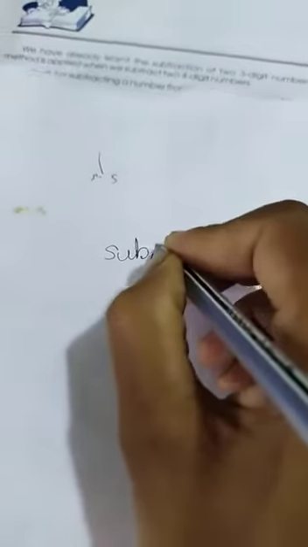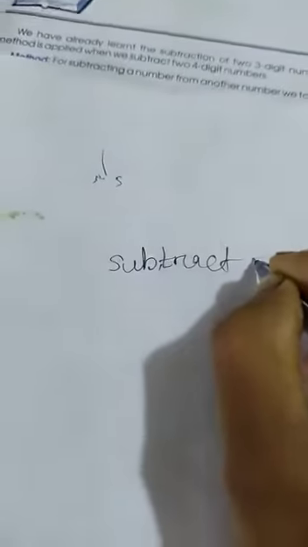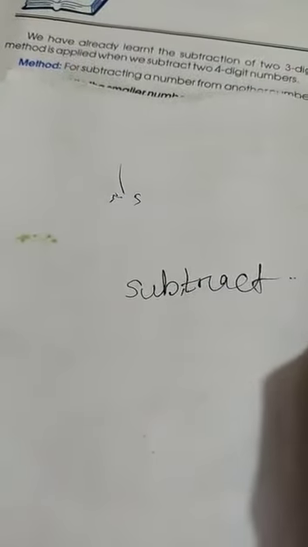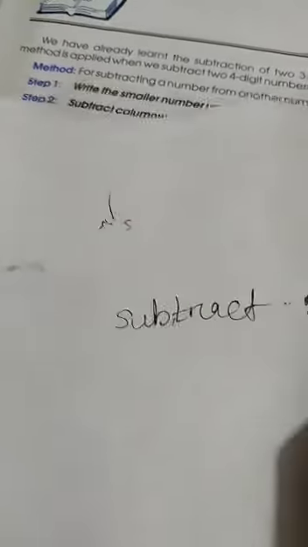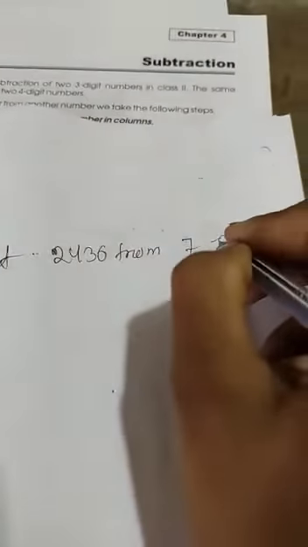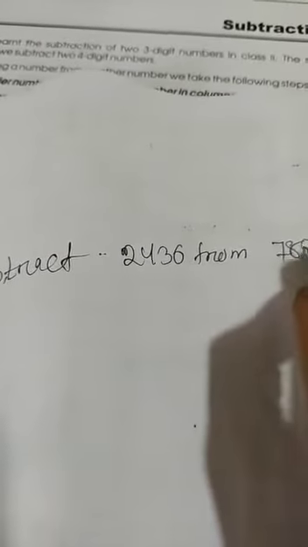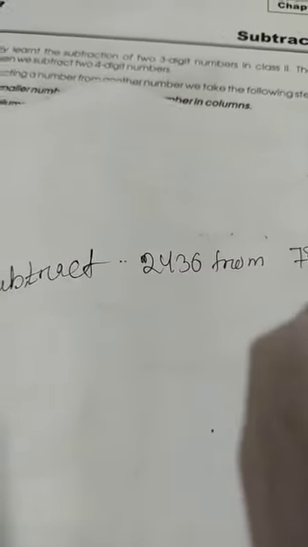We subtract 2,436 from 7,856. First we write the large number.